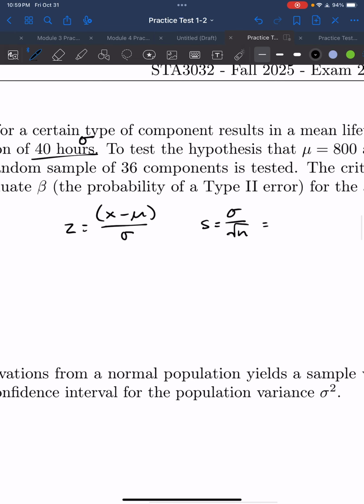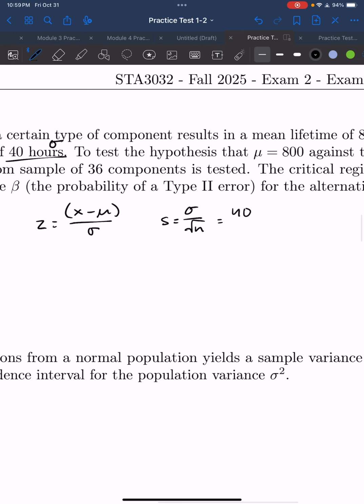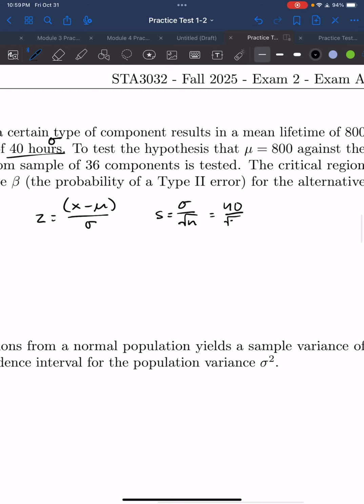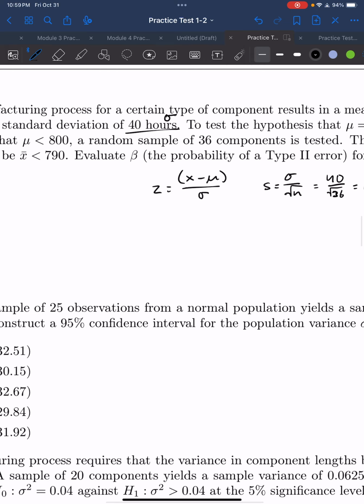So we can calculate that right now, right here, and that's 40 divided by the square root of 36 components, and then that should be 6.67, and now we can plug this in.